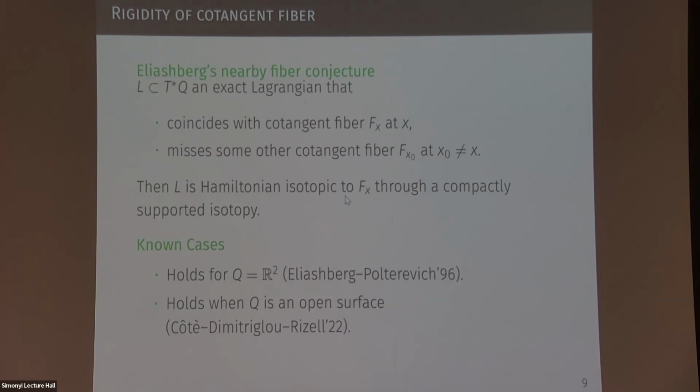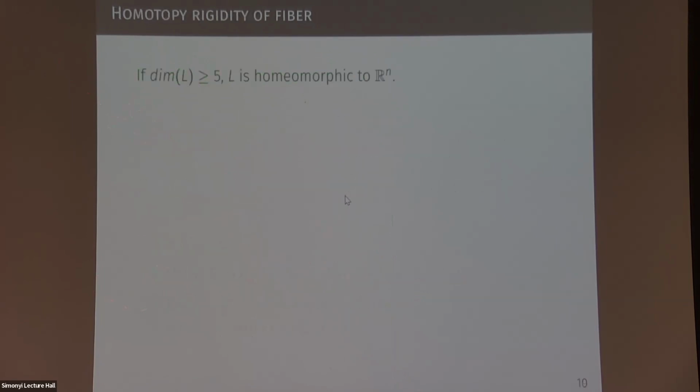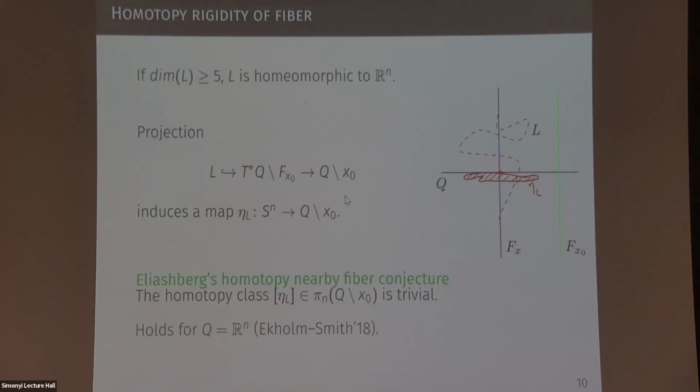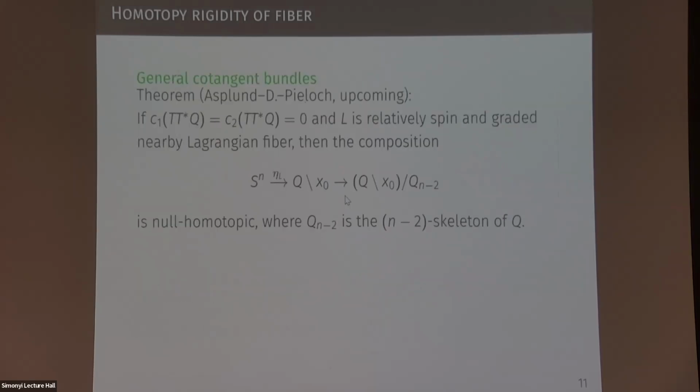Again, there are very few known cases, mainly these two cases in dimension four, but in general it's unknown. So we are trying to think about what happens to a homotopical approximation of this question. That's my time. Thanks.